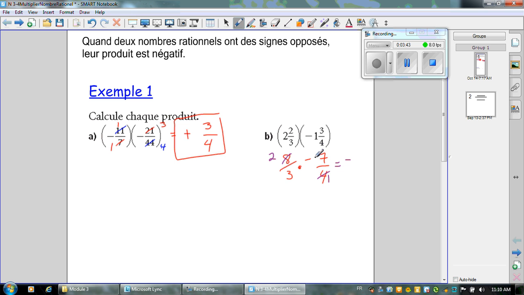So then I do negative 2 times 7 is negative 14, and 3 times 1 is 3. So that's my answer. Or you could write that as 3 goes into 14 4 times, with a remainder of 2, so 4 and 2 thirds. So that's the answer, or this.